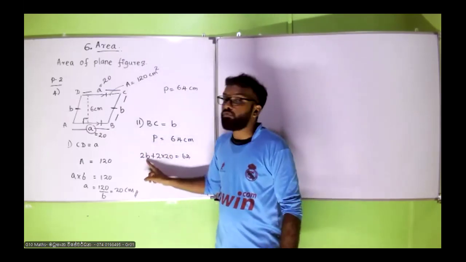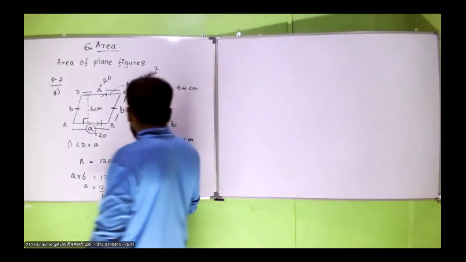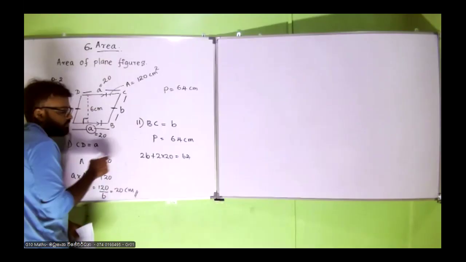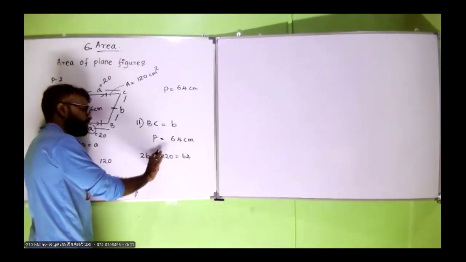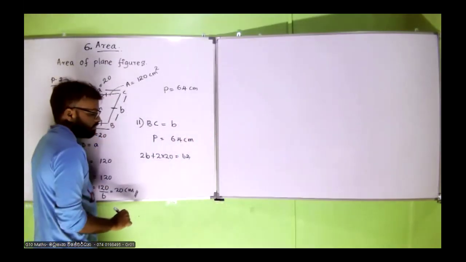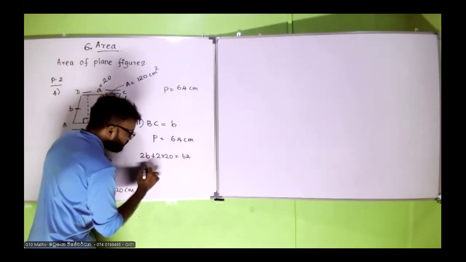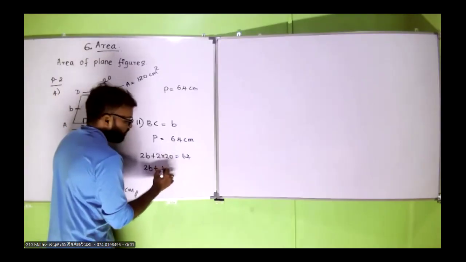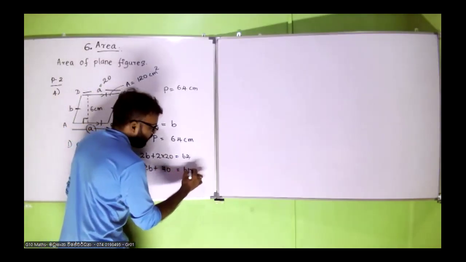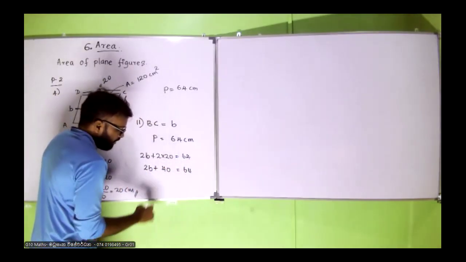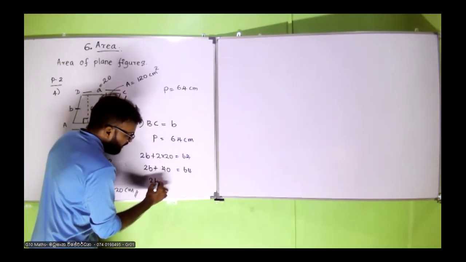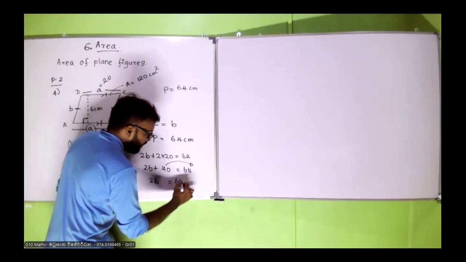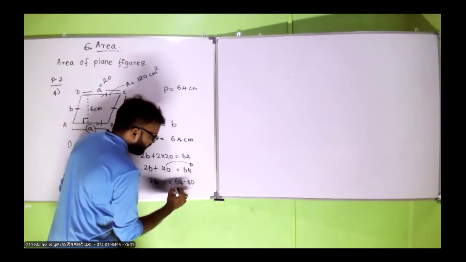So I have to find b, so I have taken this b term first. All the rest of the things are afterwards. So 2b plus 2 times 20, which means 40, equals 64. Then 2b equals, taking this to this side, 64 minus 40, which will give you 24.